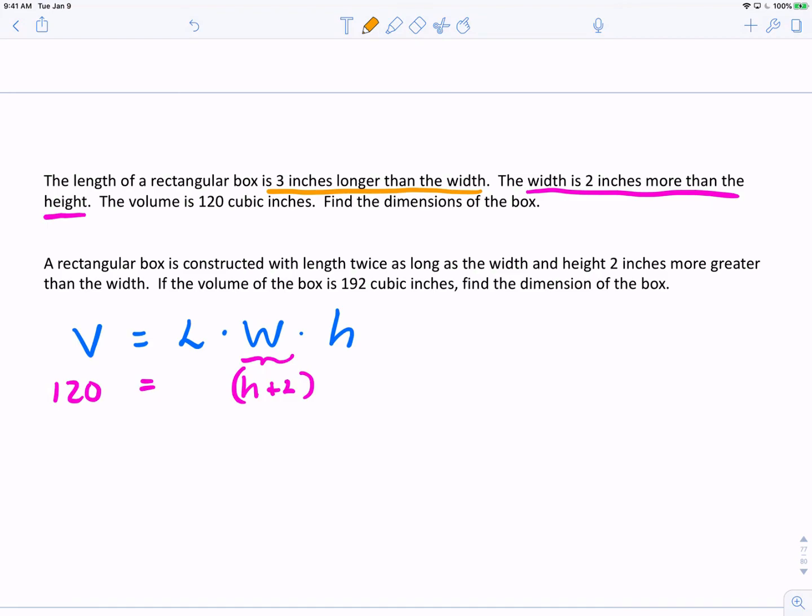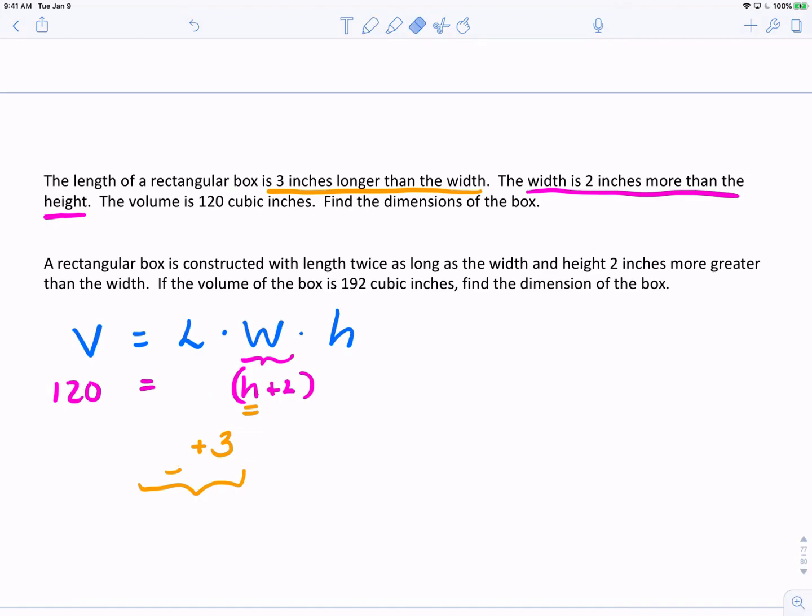Notice that if I wrote the length as 3 inches longer than the width, I'm going to have two variables in the problem, and I'm not going to be able to solve. So even though that seems the easiest thing to do, I can't do that because I would have two variables in the problem.